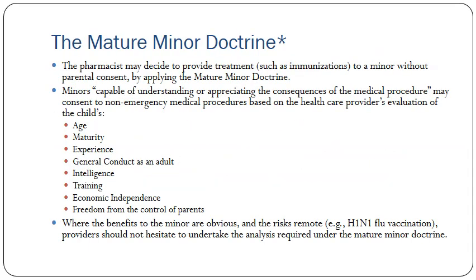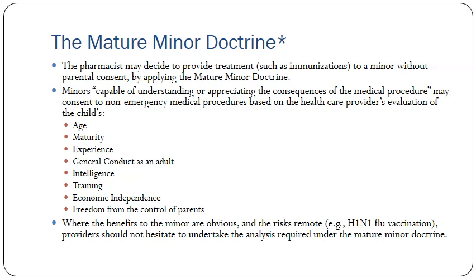As alluded to on the last slide, the mature minor doctrine offers an option for a provider to decide to treat a minor without parental consent. The pharmacist can provide any healthcare service within their scope of practice, such as immunizations, to a minor, with the minor's consent but without parental consent, as long as the minor is capable of understanding or appreciating the consequences of the medical procedure.